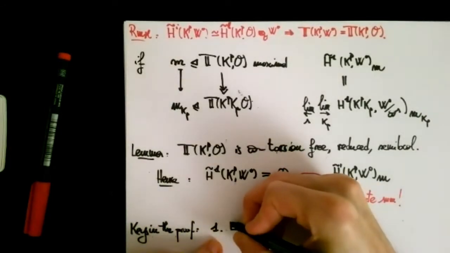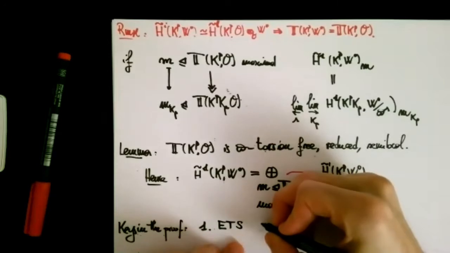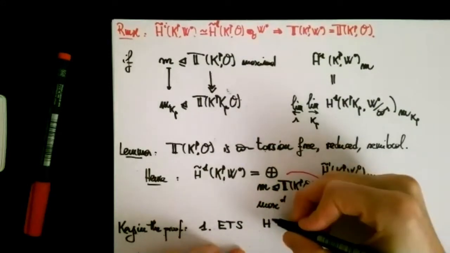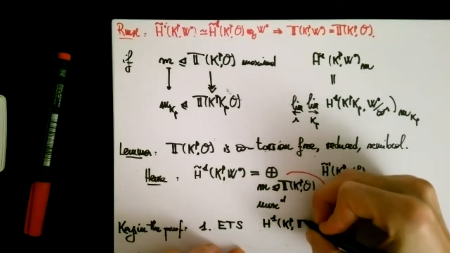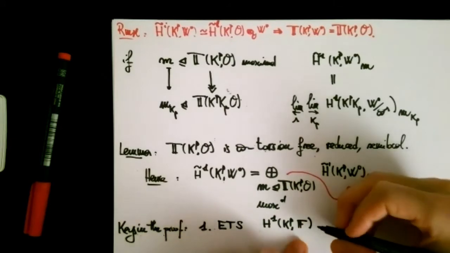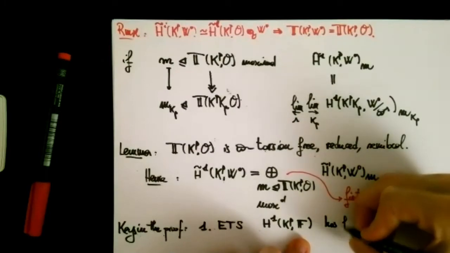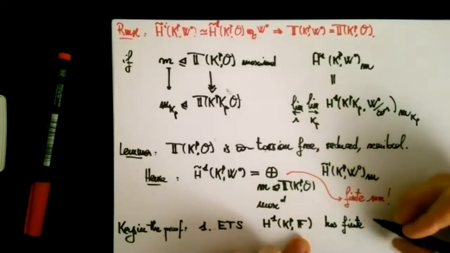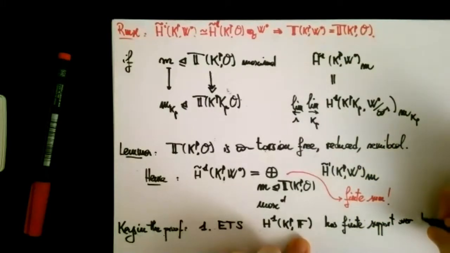So it's enough to show that the H1 of K^P has a finite support over the mod P Hecke algebra, T^{K^P}(O) mod pi.